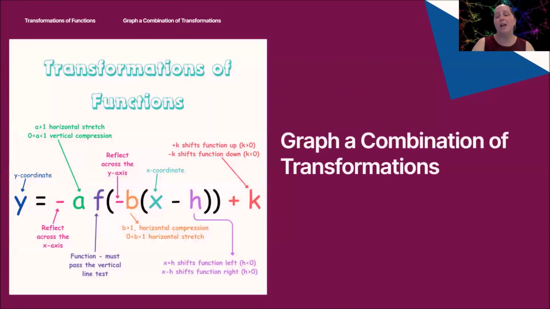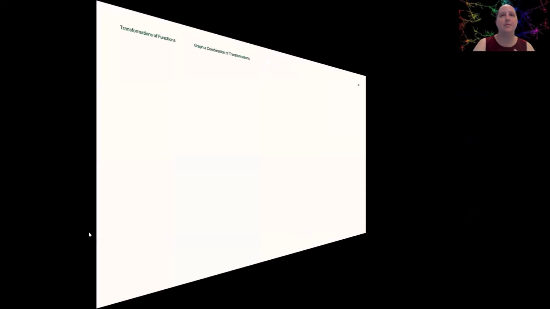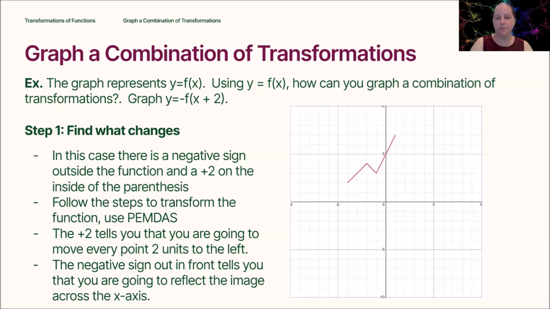Graphing a combination of transformations. This right here tells you exactly where everything goes and what everything relates to. I want to graph y equals f of x, and I want to graph the transformations of these functions.